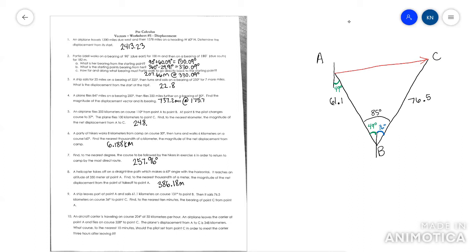Now I've got a law of cosines. We'll call this B. I'm going to solve for this side because I need all these angles. Well, really, I just need this angle right here, but I need to get B first before I can do anything. So this is a law of cosines. B squared equals 61.1 plus 76.5.